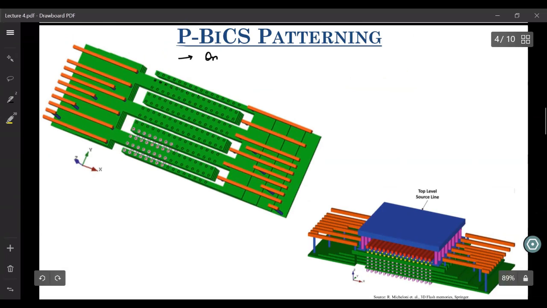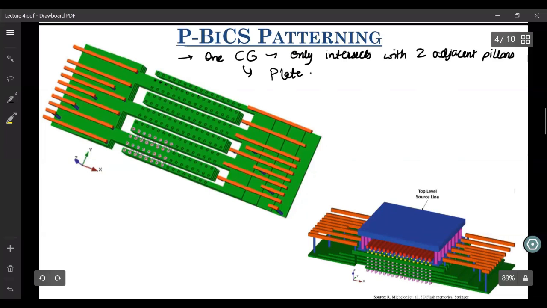One control gate only intersects with two adjacent pillars. So CG is not arranged in the form of a plate, which was in BICS, but it is arranged in a fork shape.